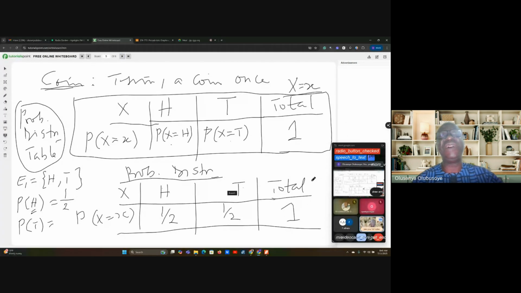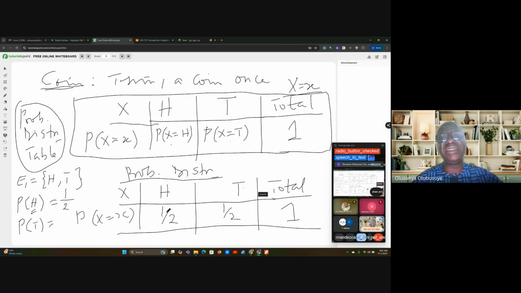If you are to look at any table to know whether it's a probability table, that table must have all the possible outcomes and their associated probability values. That's number one. The probability values must be non-negative, and they must also not be greater than 1.